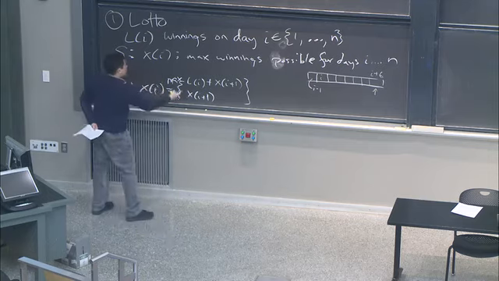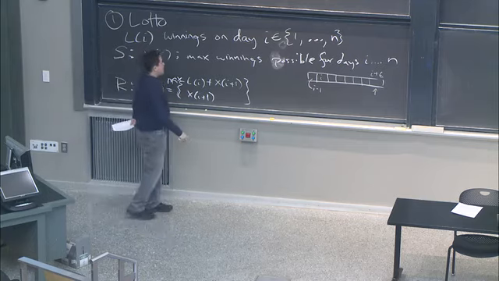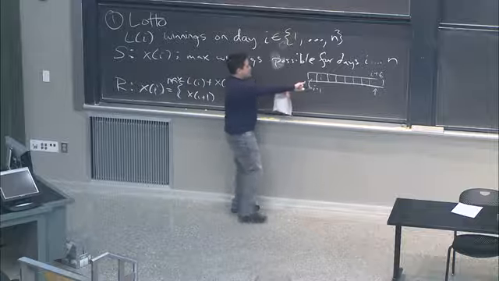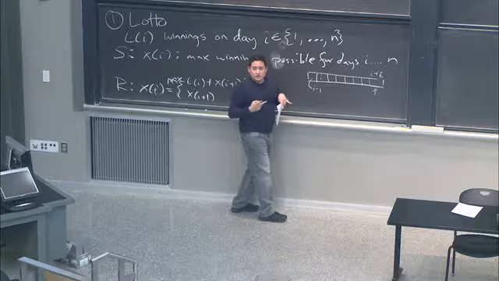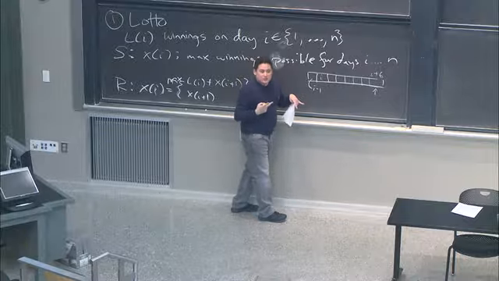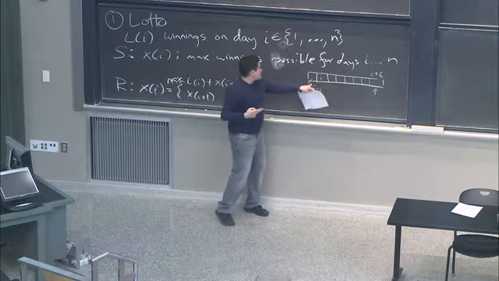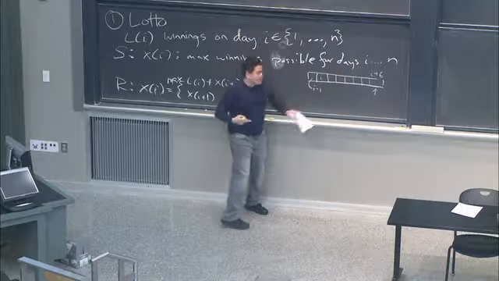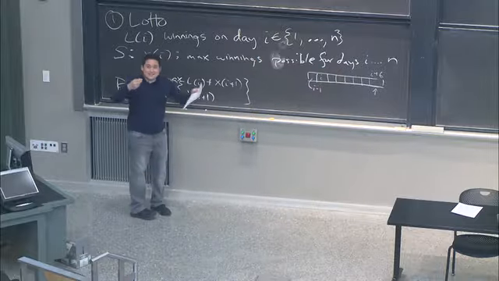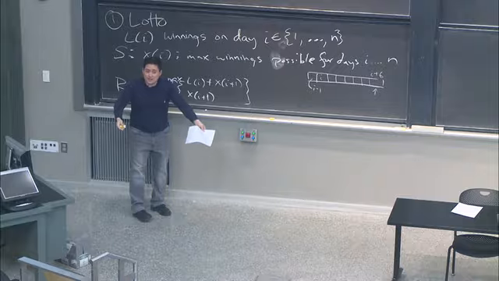Okay? So I'm going to, in some sense, need to remember 2 days, right? Where was the last 2 places I played? I'm going to simplify that a little bit by saying that this subproblem, max winnings possible for days i to n, I'm going to say that I have to play on day i.